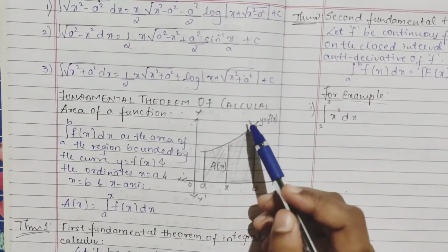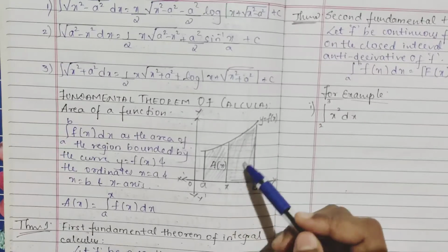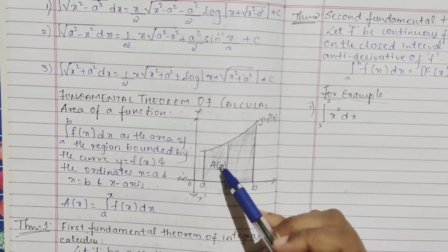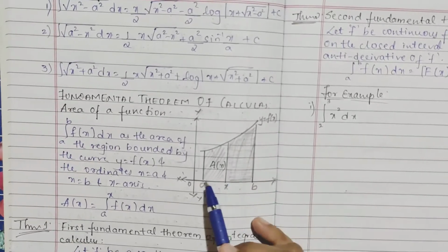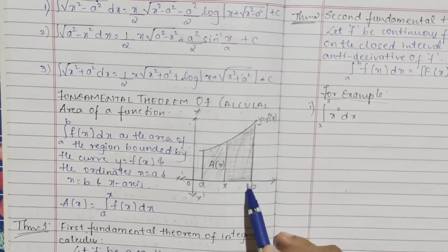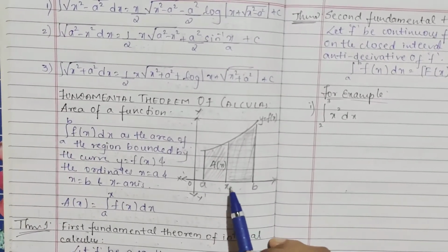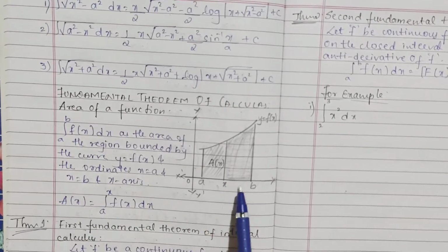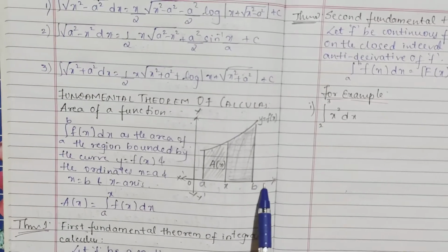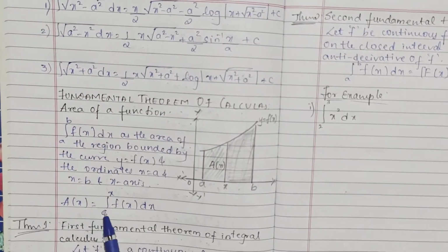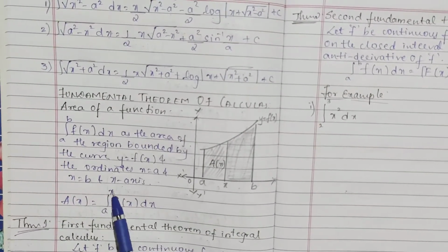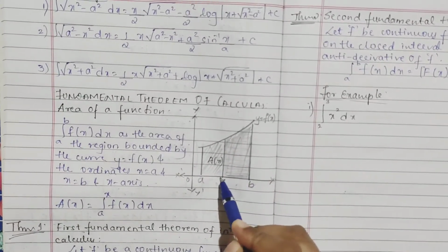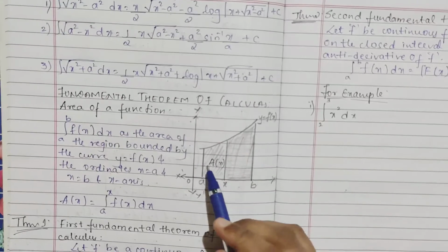The area of the region bounded by y equal to f of x, the ordinates x equal to a, x equal to b, and the x axis is given by integration f of x from a to b. Taking a point x between a and b, the area function A of x is the integration from a to x of f of x dx, this shaded portion.